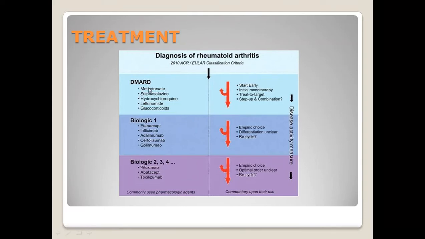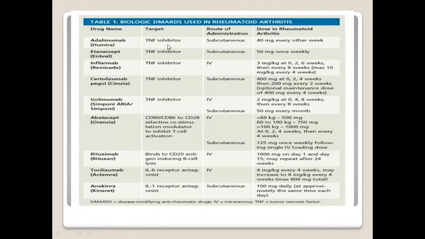So even upon giving disease-modifying anti-rheumatic drugs, if there is no improvement, then we can go for the biological drugs like infliximab, adalimumab, or rituximab, abatacept, and tocilizumab, which are the newer drugs, and infliximab and adalimumab are the drugs which are used most commonly. Here you can see adalimumab, it's a TNF inhibitor, and etanercept, which is also a TNF inhibitor. So this is how we will be giving, and the most commonly used drugs are infliximab and adalimumab, and rituximab and abatacept.